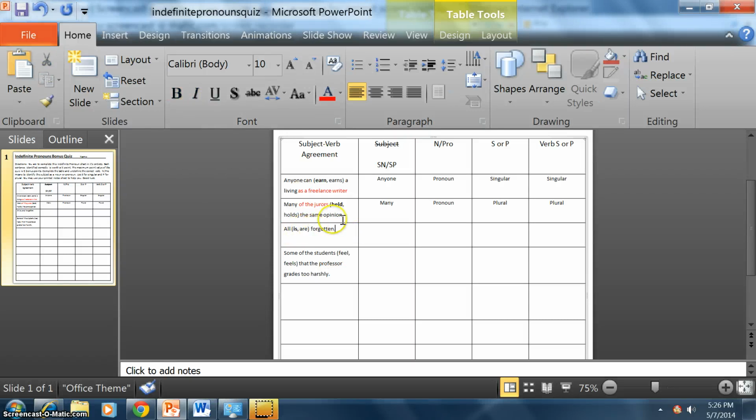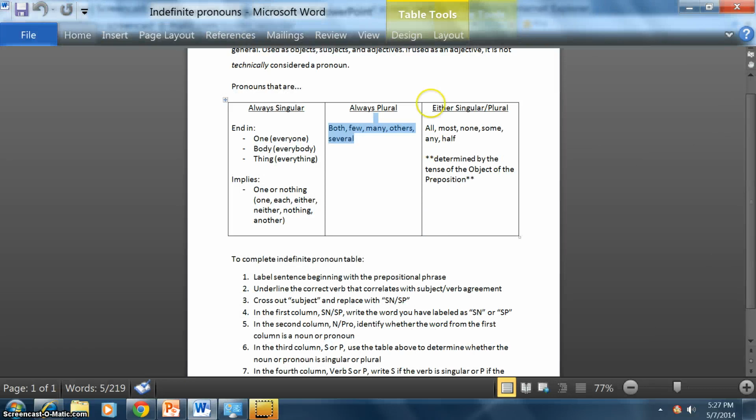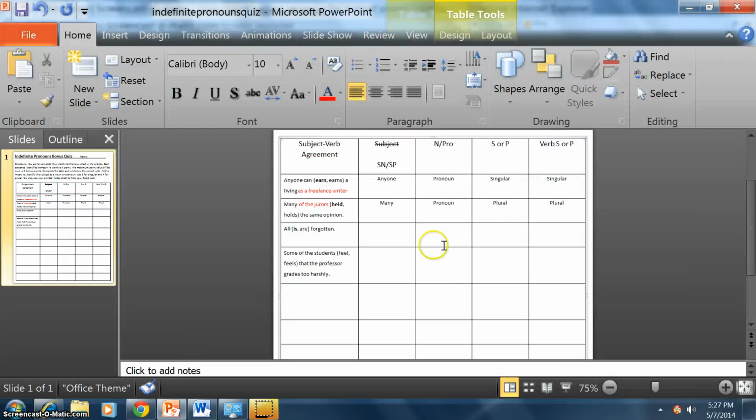I don't see anything in that prepositional phrase, but I'm seeing that the word is, the verb that I highlighted, is like am, is, are, was, were. Okay, those are verbs that suggest that it's going to be singular. I take a look, and the word all falls into this category.